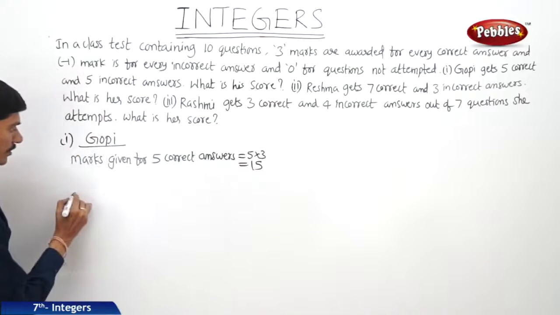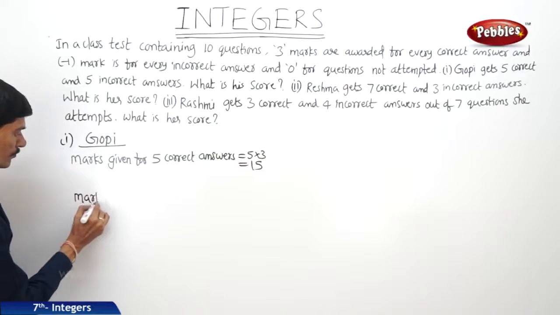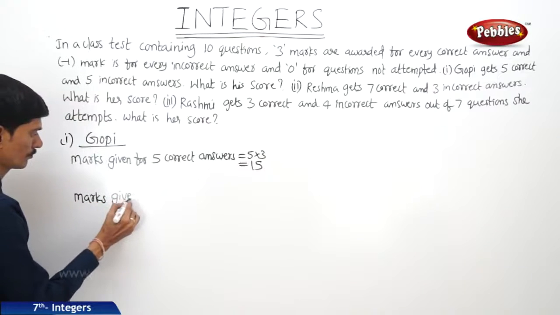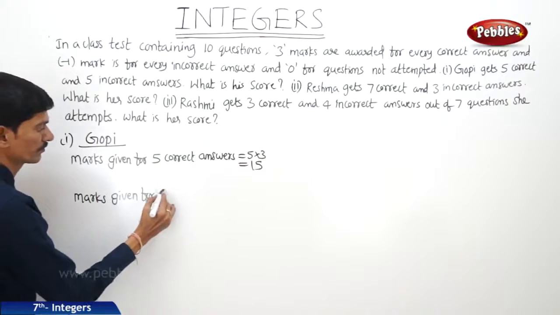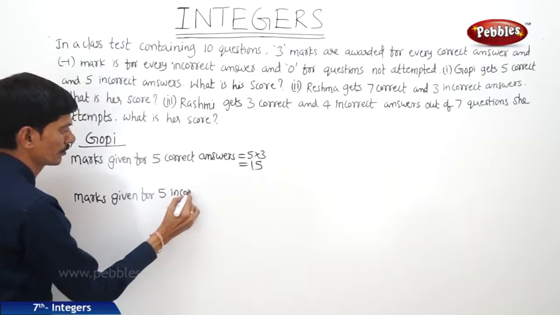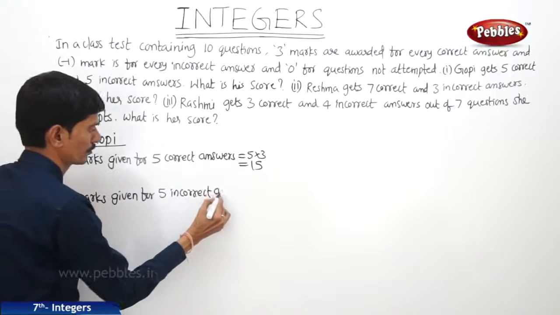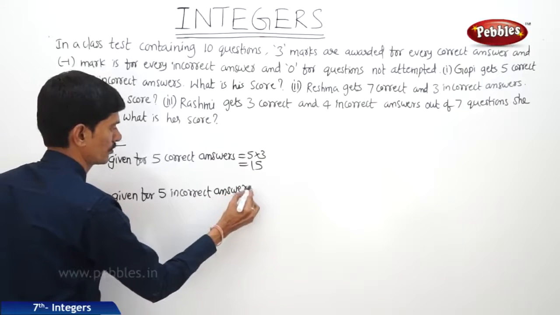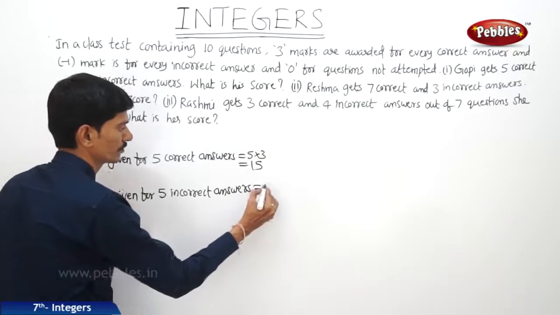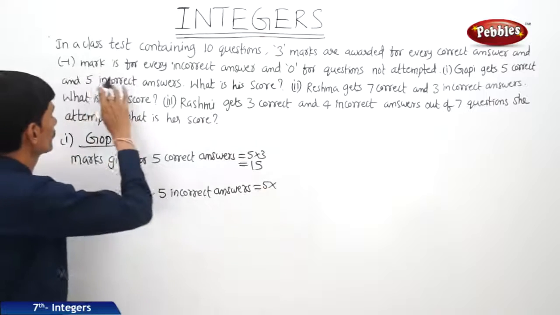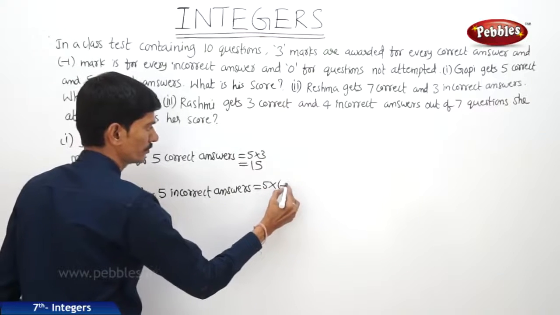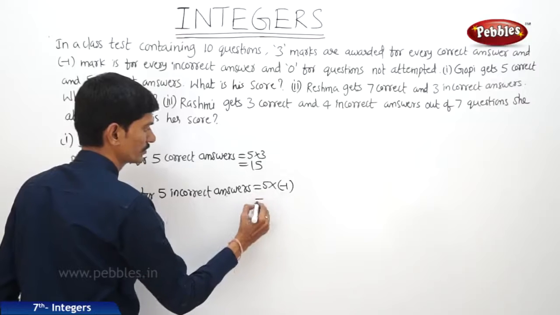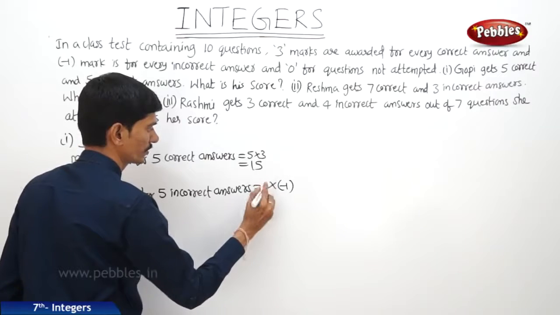And marks given for five incorrect answers equals 5 into minus 1, so minus 1 mark for every incorrect answer. This equals minus 5.